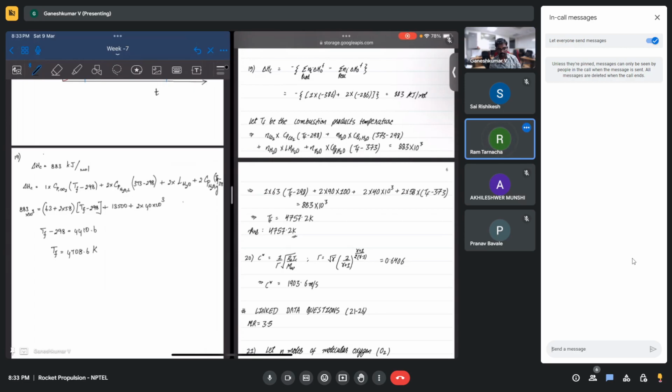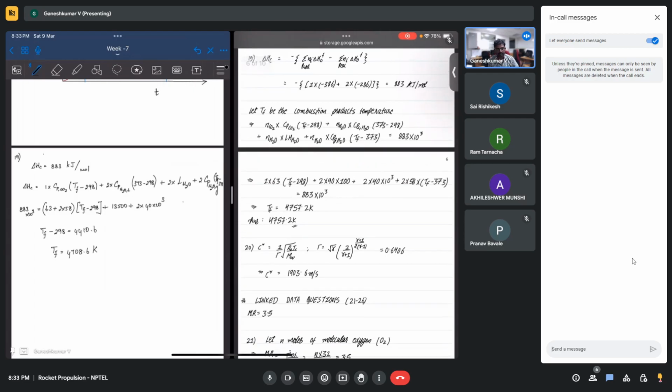Not the same. Could you repeat? I couldn't get you. But you're getting 4757 here. Actually, I'm getting 4708 Kelvin. But yeah, I think there is a mistake. They added this 100 Kelvin. That could be the reason why they have a little higher temperature. But probably it should be 4708 Kelvin.